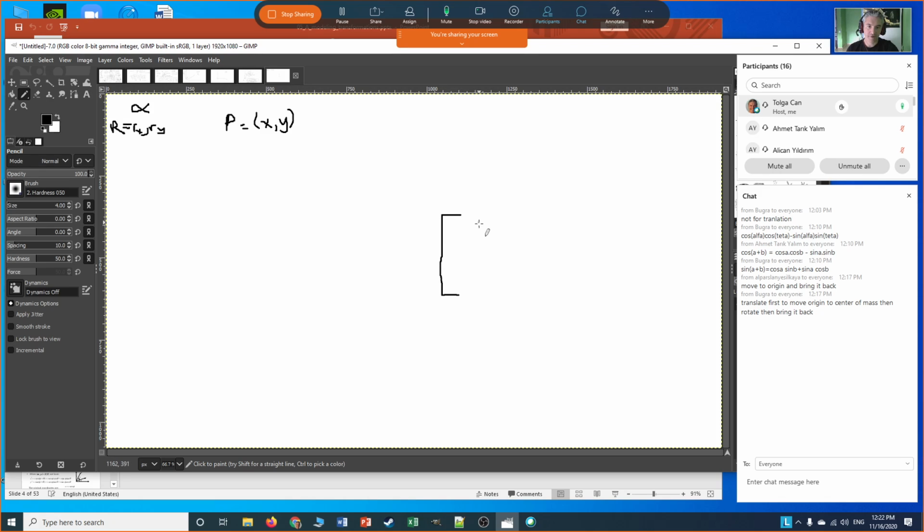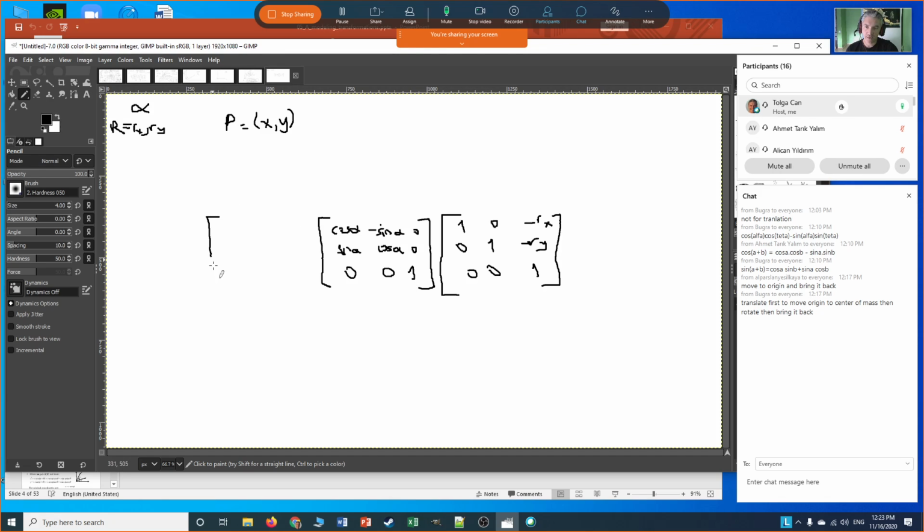My arbitrary rotation matrix is going to be this: 1, 0, minus Rx, 0, 1, minus Ry, 0, 0, 1, and I have this cosine alpha, minus sine alpha, 0, sine alpha, cosine alpha, 0, and then 0, 0, 1.